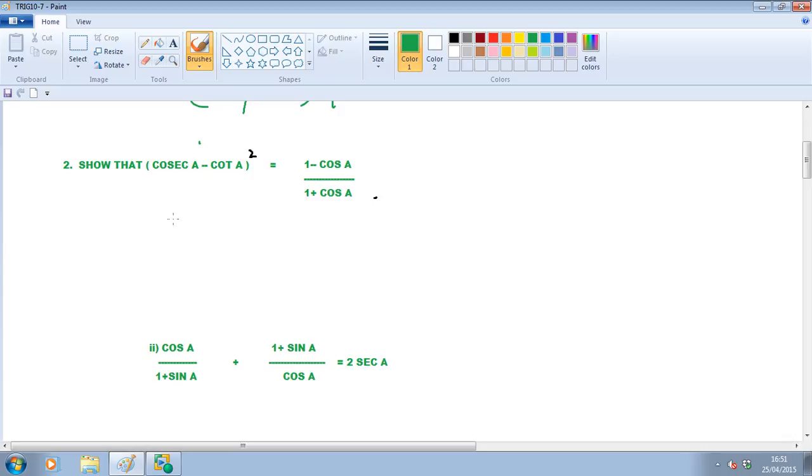So we'll try to take, see, cosecant is 1 by sin A minus, and this cot A we can write as cos A divided by sin A. This LHS, if you further solve, you can write it as sin A common, top is 1 minus cos A, the whole square, divided by sin A, the whole square.